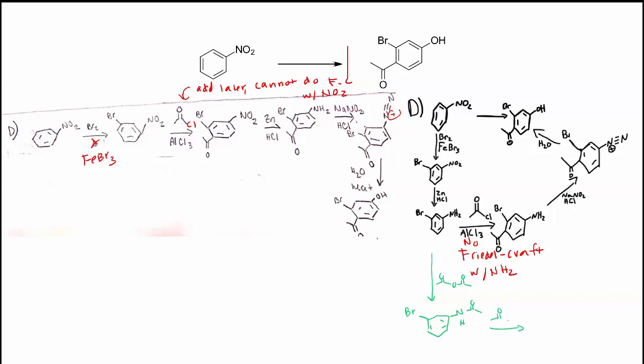Do the Friedel-Crafts reaction, and that will direct it para, which is what we want it to do. And then once you've added the acyl group there, then we can just use water and acid to remove that acetyl group. So that's one thing that we can do to fix that reaction.